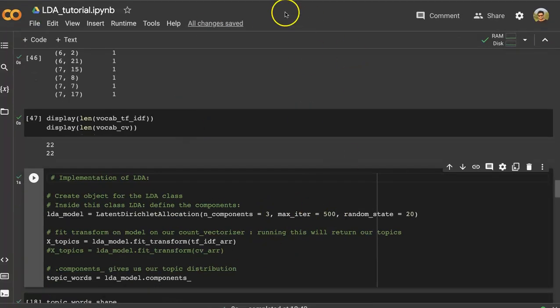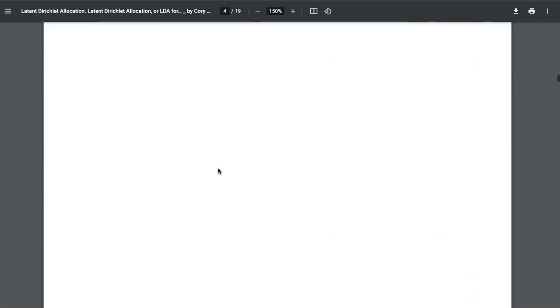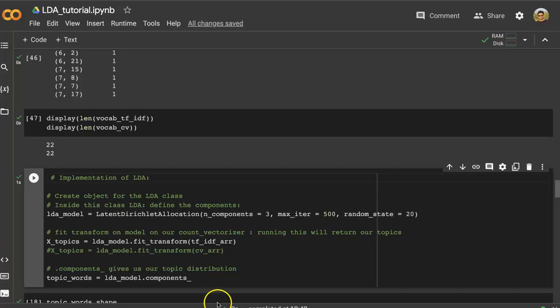If you remember what we have shown here, this value will be calculated again and again throughout the iterations. So how many iterations will this algorithm go on? We say, okay, let's run this till 500 steps. And what does random state indicate?